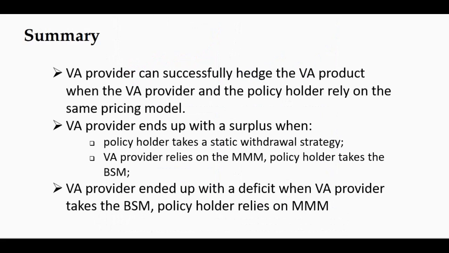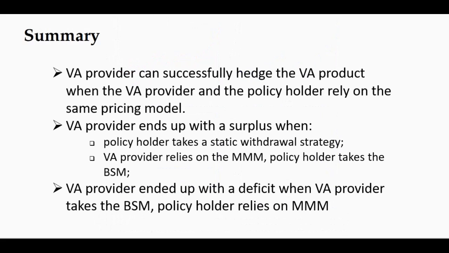And if the policyholder takes a static withdrawal strategy, which is suboptimal, or relies on the Black-Scholes model to make withdrawals, whereas the VA provider relies on the minimum market model, the VA provider will win in this case, leaving a surplus in its reserve account after the contract has expired.